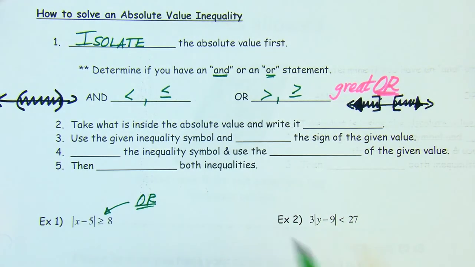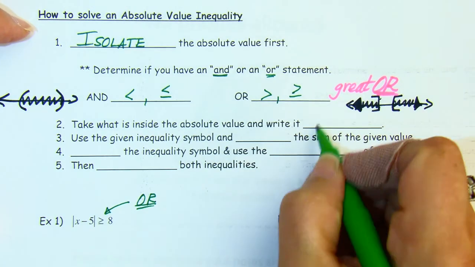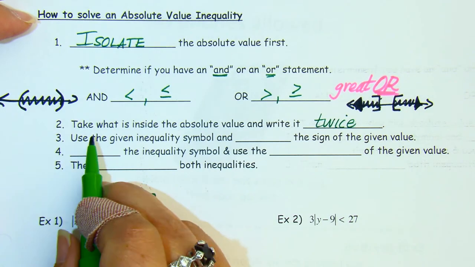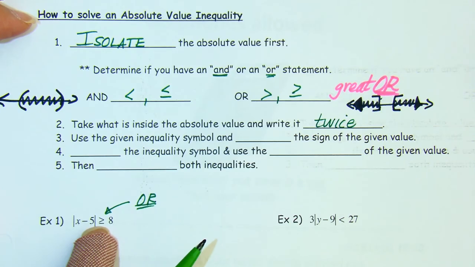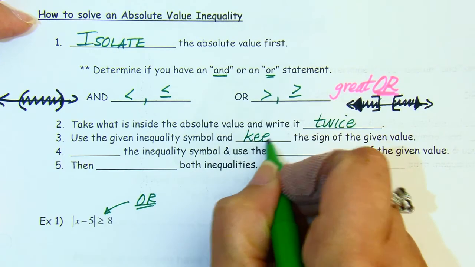So setting up, it's still two cases. You're going to take what's inside the absolute value bars and you're going to write it twice for our two cases. We're going to use the given inequality symbol for the first case, and we're going to keep the sign of the given value again for the first case.